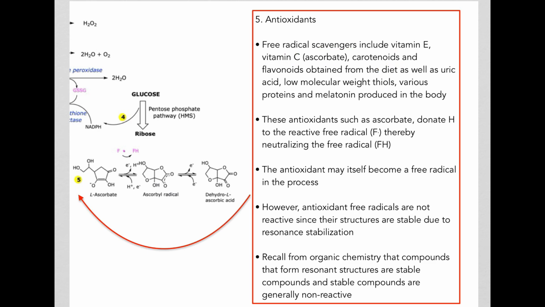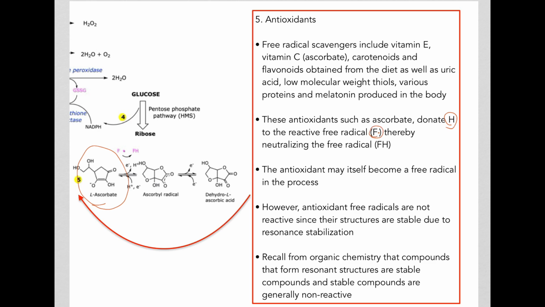So how do these antioxidants work? One typical mechanism is, let's look at ascorbic acid, for example, vitamin C. Basically, the ascorbic acid will donate a hydrogen atom to the free radical.